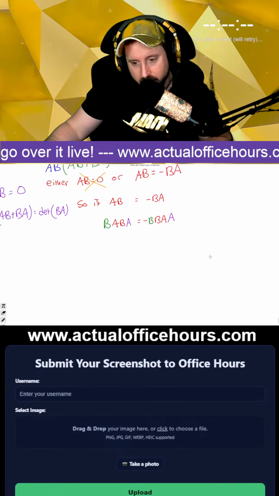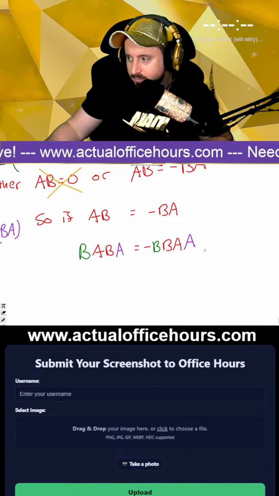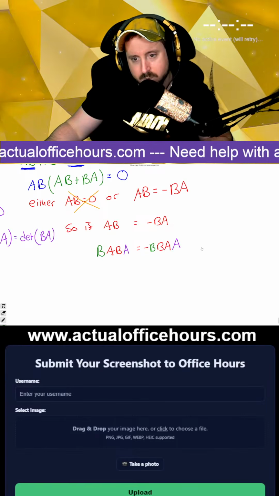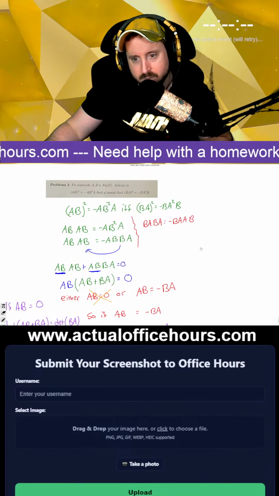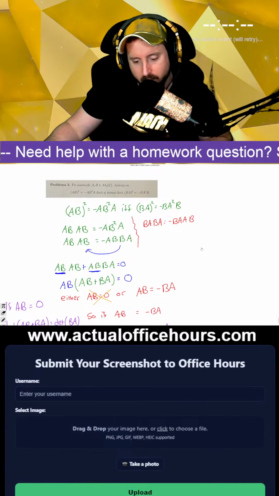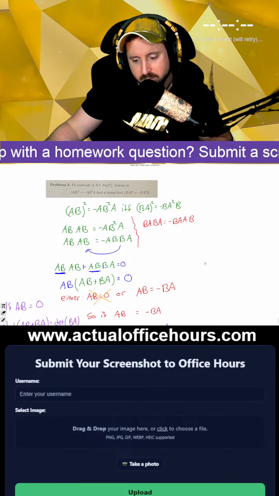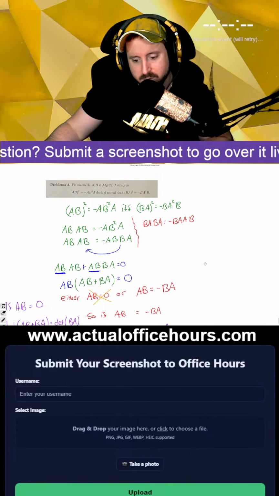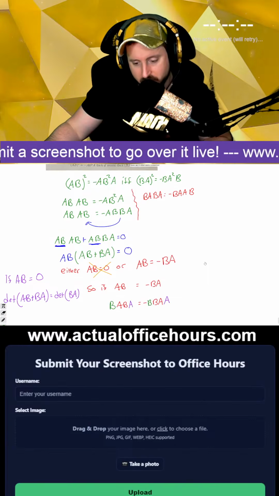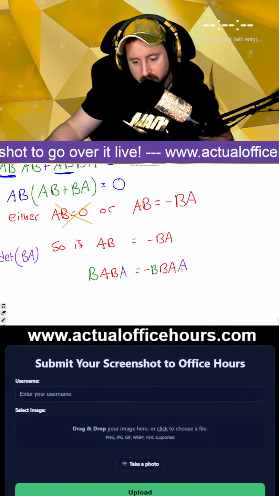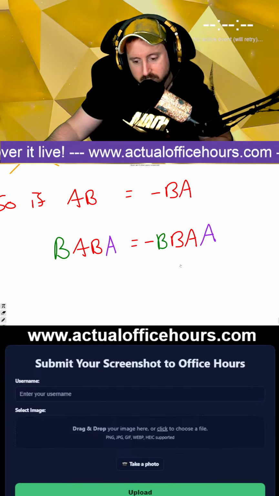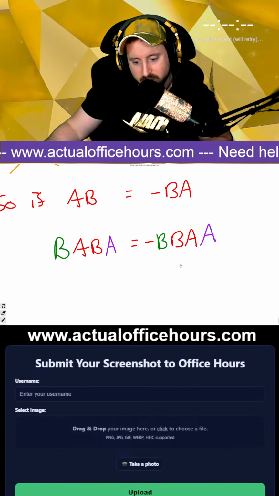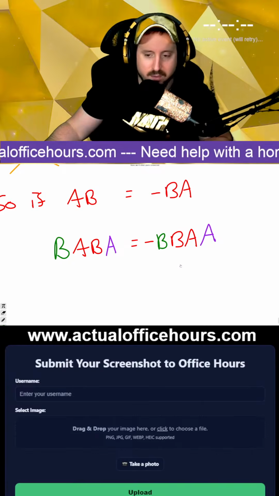Right. But since it's symmetric, just an implication is sufficient. So if we prove A proves B, then we don't need to show that B proves A, because it's symmetric. I just wanted to point that out.